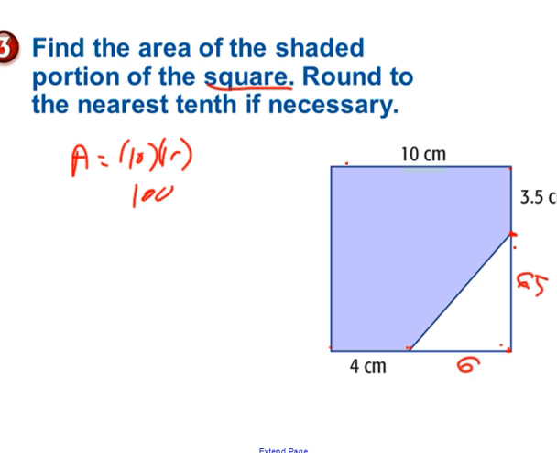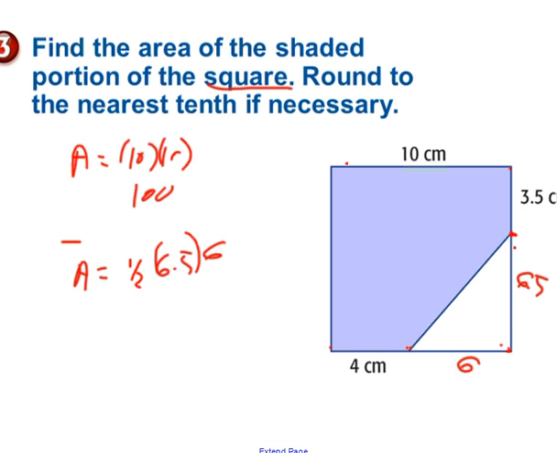From that, I'm going to subtract the area of the triangle, which would be 1/2 of 6.5 times 6. And I'm going to turn to my calculator to do that one. So I'm going to go 0.5 times 6.5 times 6.